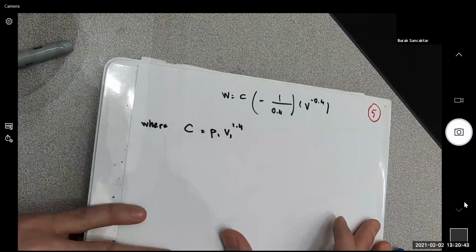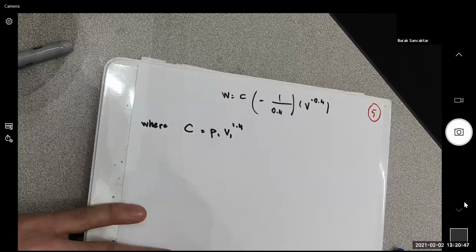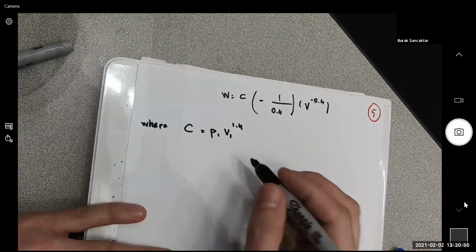I know my P1, I know my V1, I can calculate my C. Constant, right? Let's calculate that.